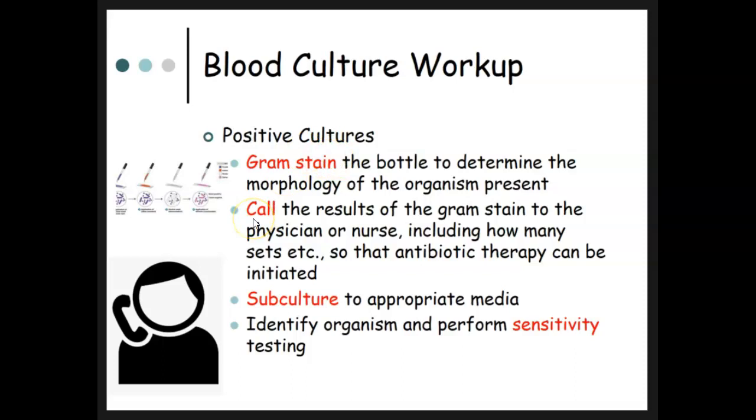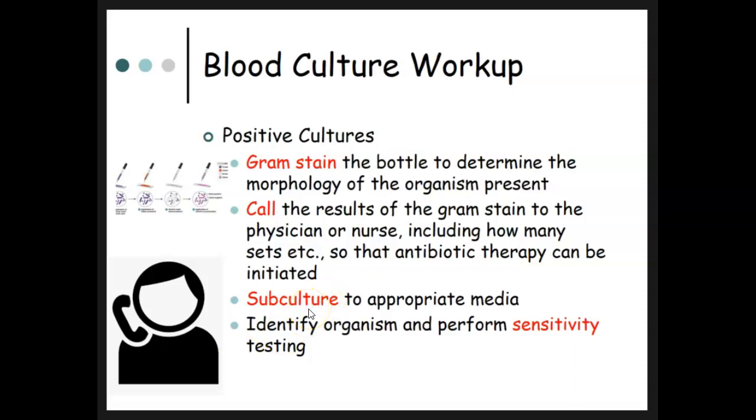Then you're going to call the results of the gram stain to the physician or nurse, including how many sets or which bottle. So you'll say, I have one bottle positive from Mr. Smith, and it's a gram-negative rod. Or you'll call and say, I have 2 bottles positive from, and so forth.